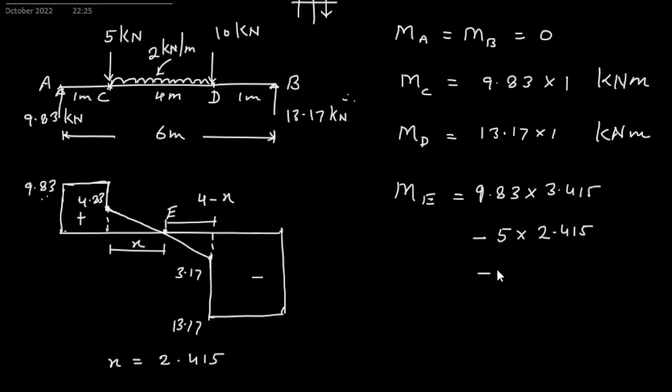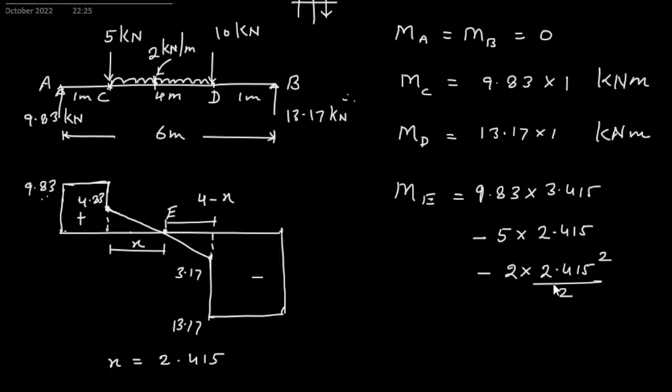And minus 2 times the distance 2.415, and I have to take the middle of that. I can write 2 times 2.415 squared divided by 2. This formula I can use directly.